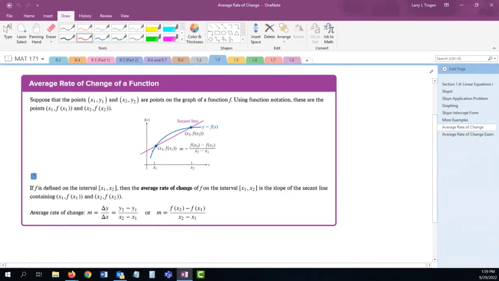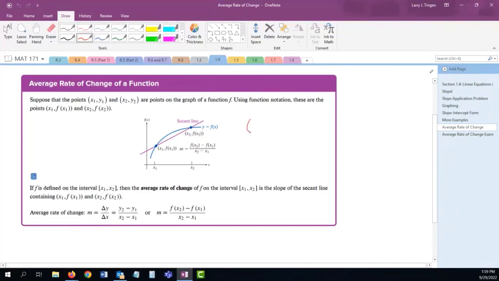And the average rate of change on that interval, from x1 to x2, is the slope of the secant line containing, now they throw in a bunch of points here, it looks like it could be confusing, x1, x2, f of x1, f of x2.